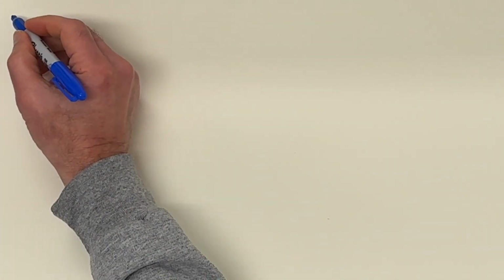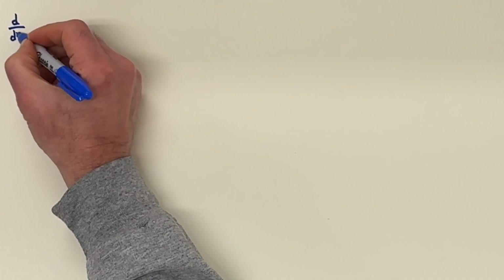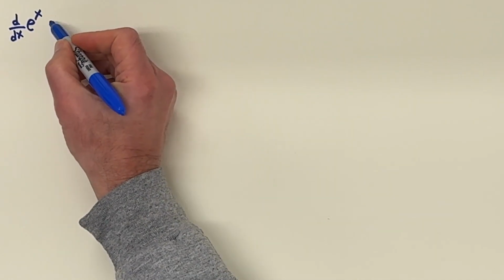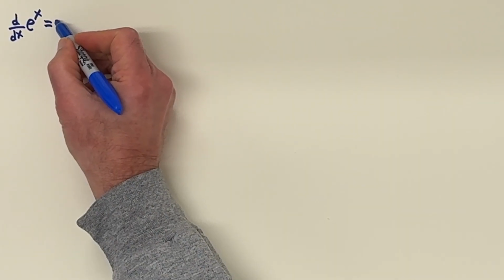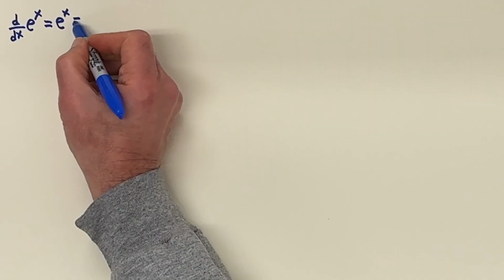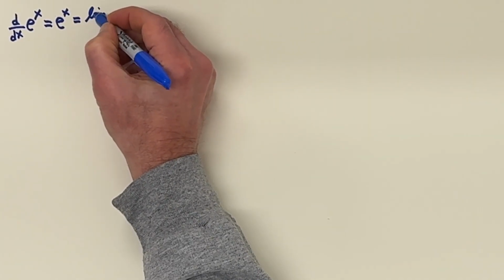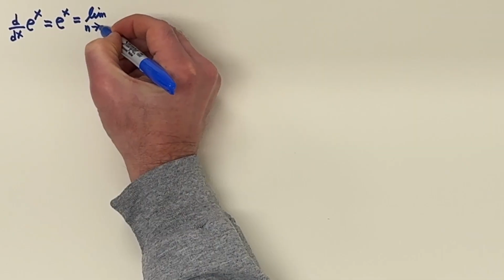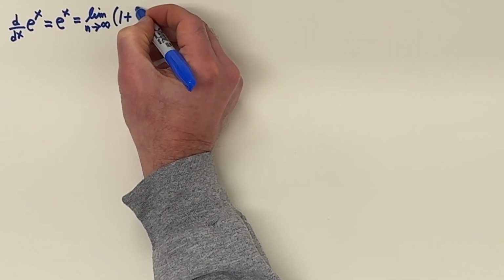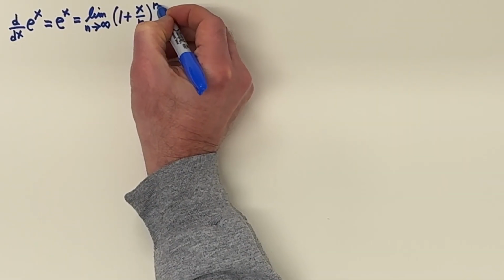We did show that d/dx of e to the x is equal to e to the x. And e to the x is the limit as n goes to infinity of (1 plus x over n) to the n.